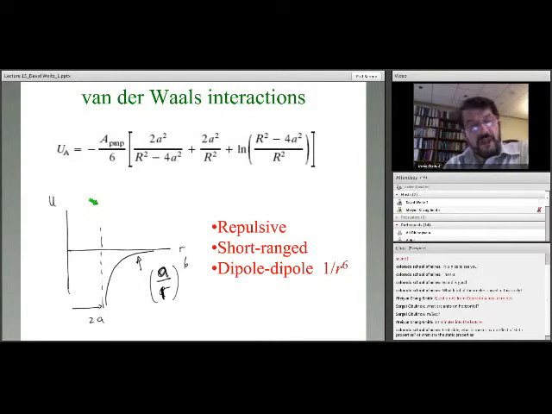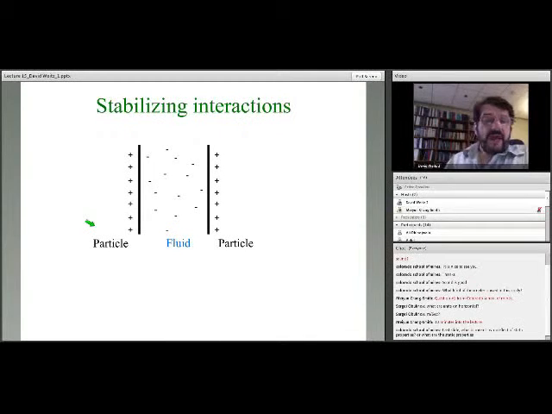The calculation of the dipole interaction was one of the great successes in colloid physics, particularly, say, in the middle of the last century. Now, dipole interaction leads to an attractive interaction. The particles can't stick together or occupy the same space, so eventually the hard-sphere interaction prevents them from coming any closer.